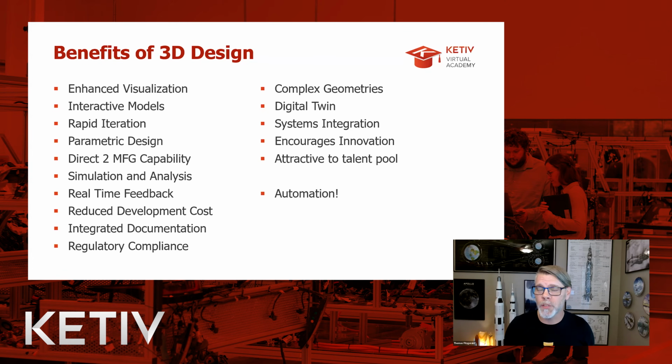There's a lot of tools nowadays, a lot of machines and software to drive those machines that can directly consume 3D model information. So if you're thinking about subtractive manufacturing, giving a 3D model to a 5-axis machine, and it knows exactly what to do in terms of whittling away at that billet aluminum or whatever the material might be. So direct to manufacturing capability is definitely a strength of 3D design.